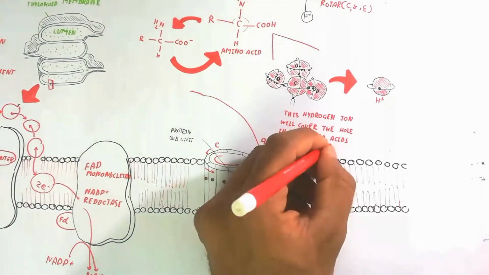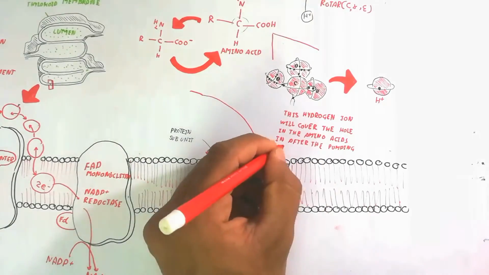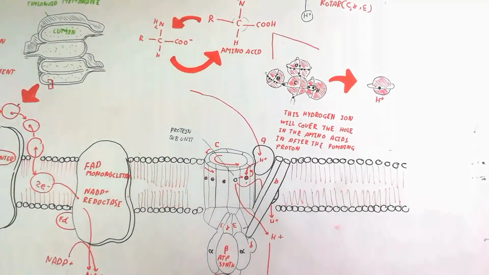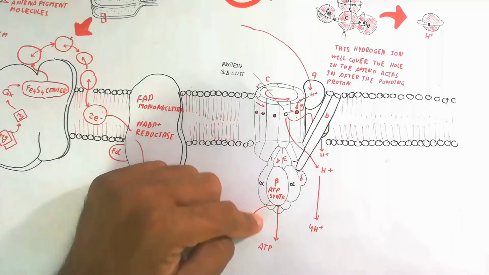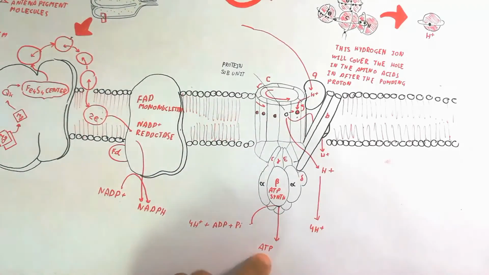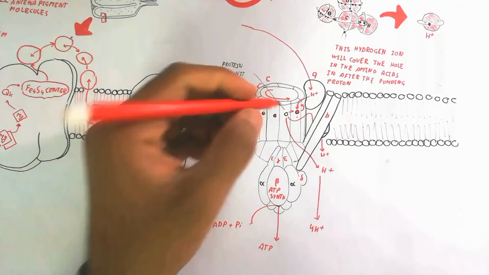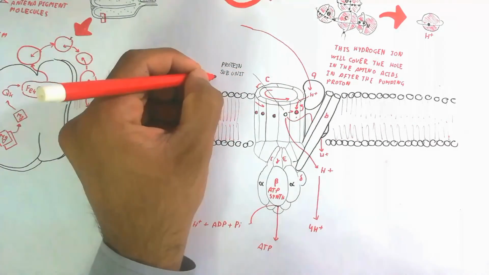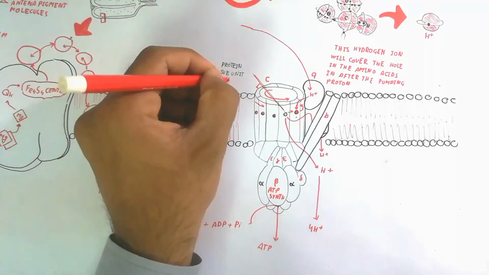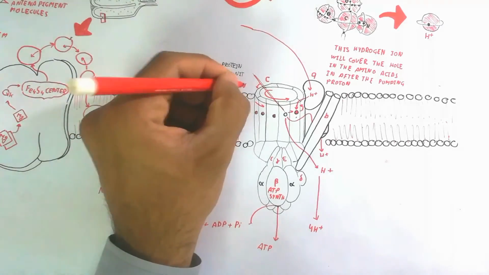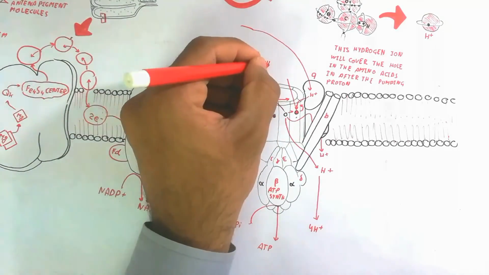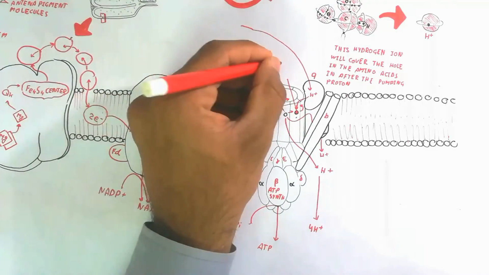This hydrogen ion will cover the hole in the amino acids after pumping the proton. It means the proton is pumped from here to here, downward, and a hole will be produced, and covering the hole means adding the proton. That is the protein, the amino acid addition.